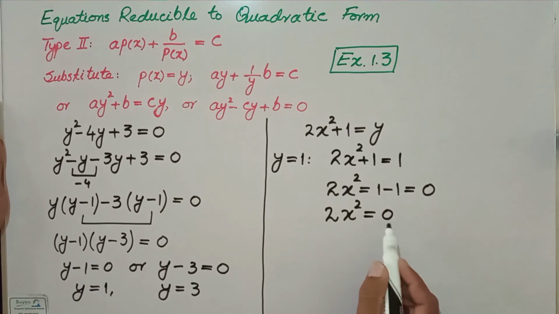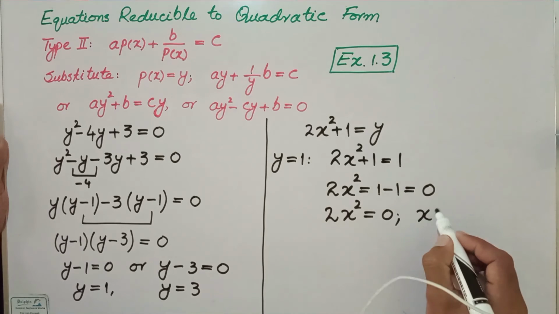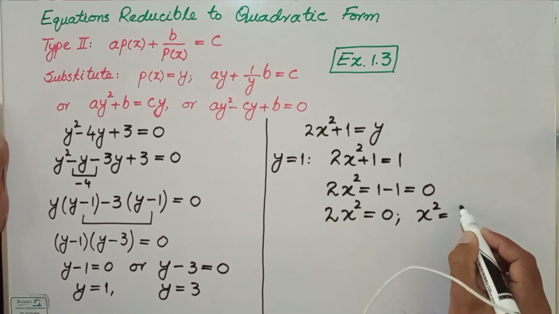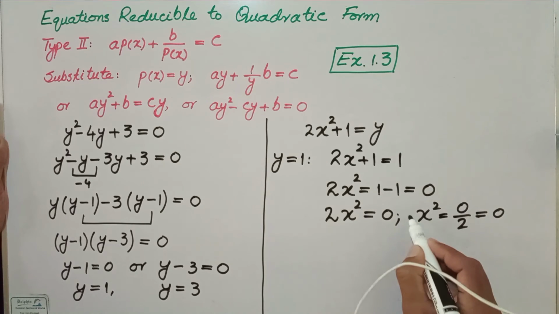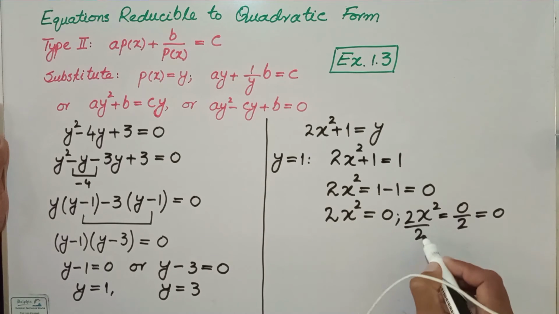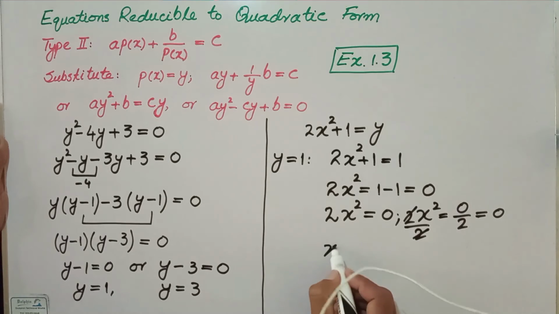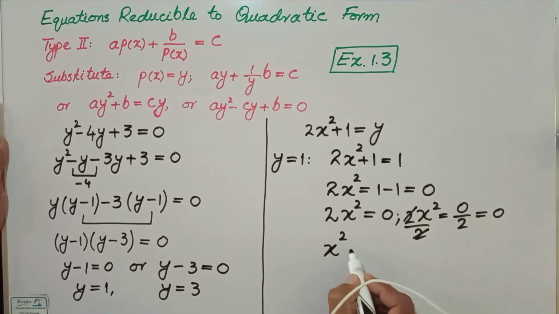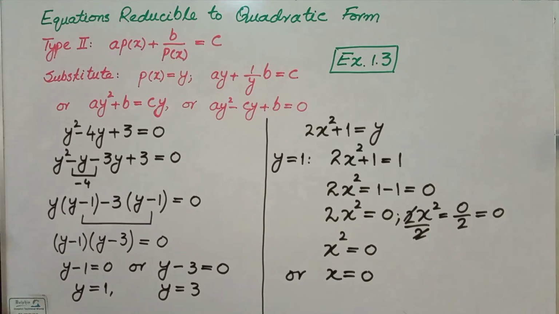Then dividing both sides by 2, we get x square is equal to 0 by 2, which is 0, and 2 is cancelled with 2. We have x square is equal to 0, or x is equal to 0.